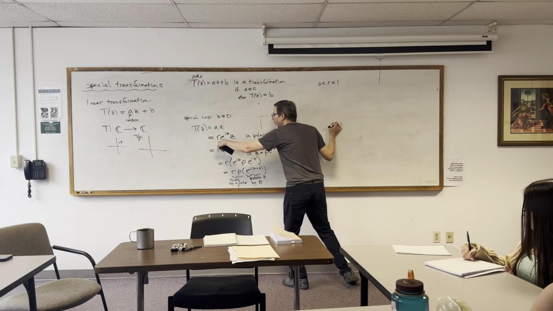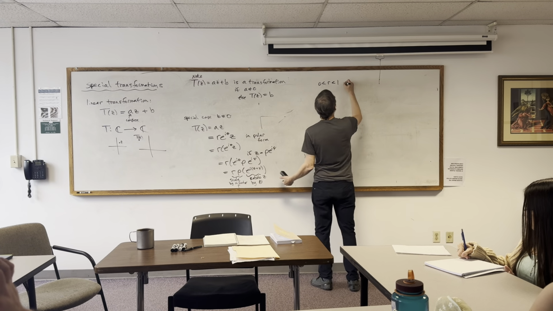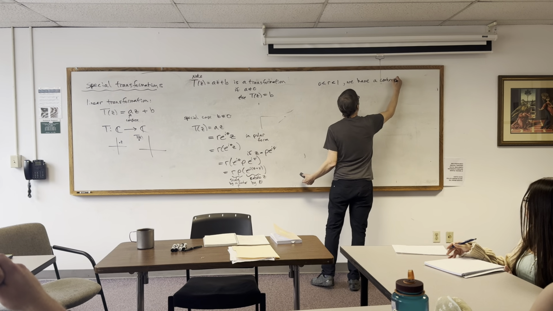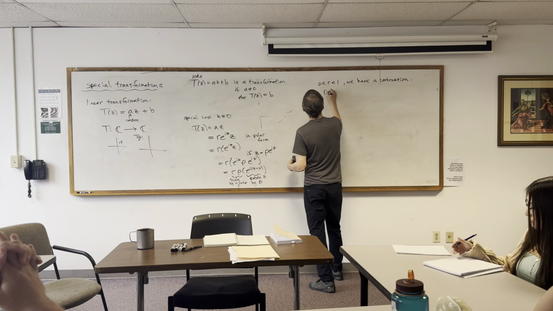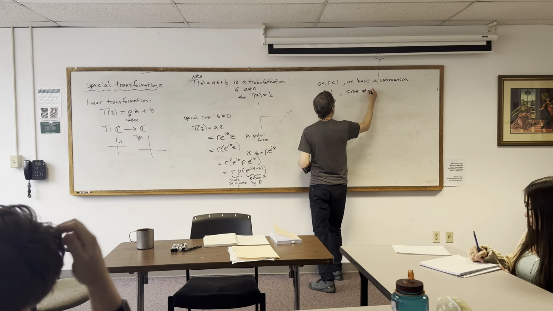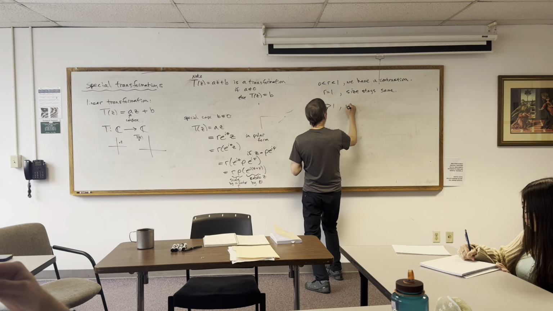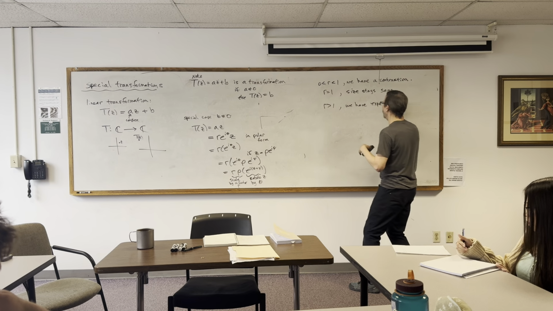If this number here is like a half or 3/4 or 7/8, we have a contraction, a shrinking. If R equals 1, then size stays the same. And if R is bigger than 1, we have, what's the opposite of contraction? Expansion? Yeah, I guess so. Bless you.